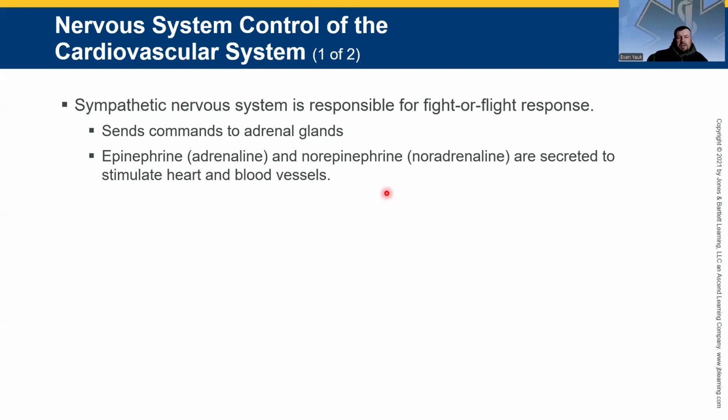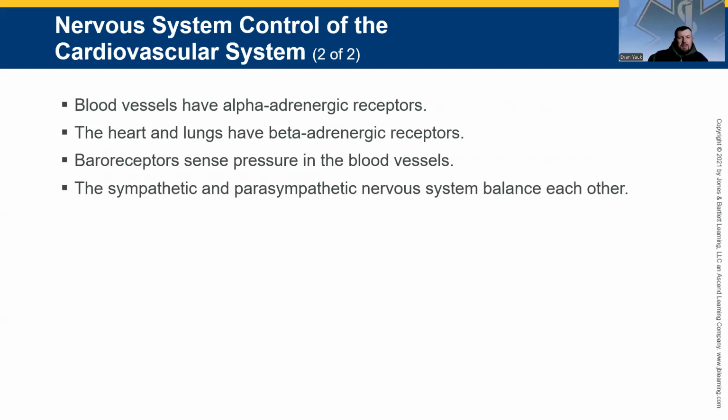These are excreted to stimulate the heart and blood vessels. So blood vessels have an alpha adrenergic receptor. The heart and lungs have a beta adrenergic receptor. The baroreceptors sense pressure in the blood vessels. The sympathetic and parasympathetic nervous systems balance each other out.